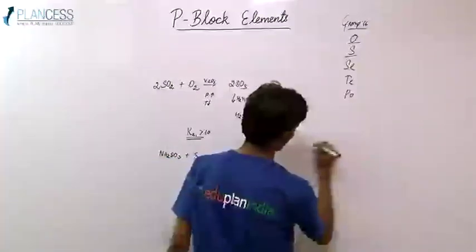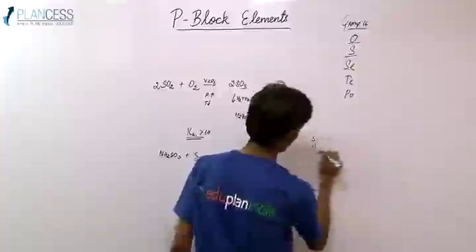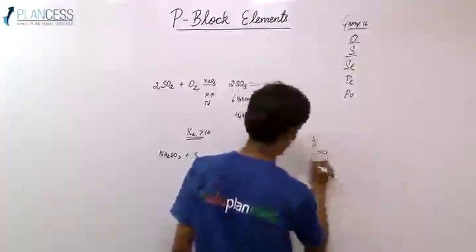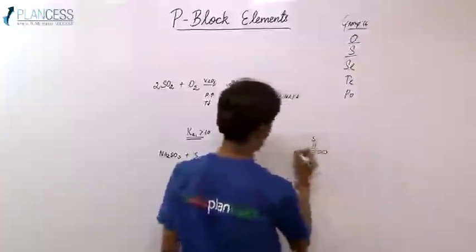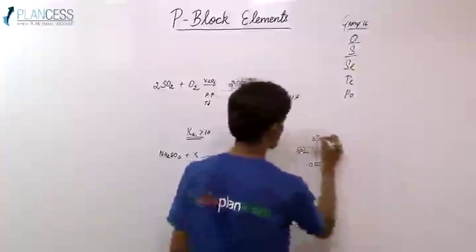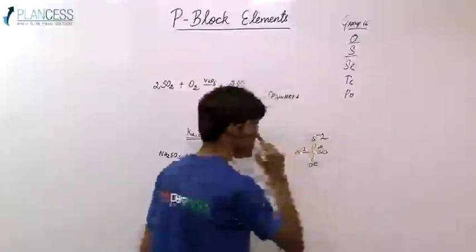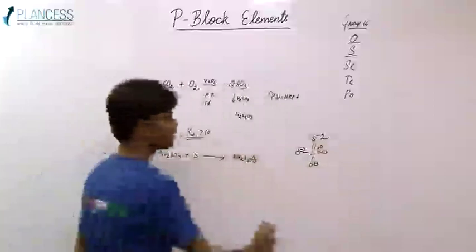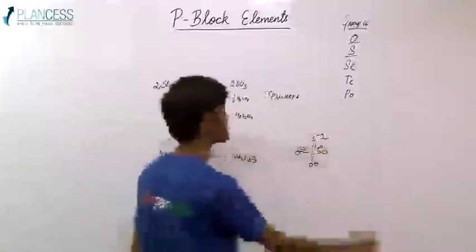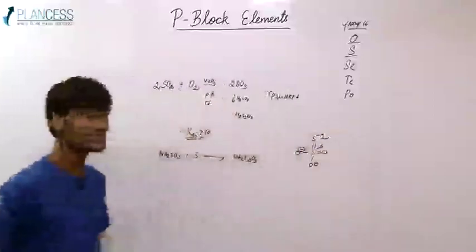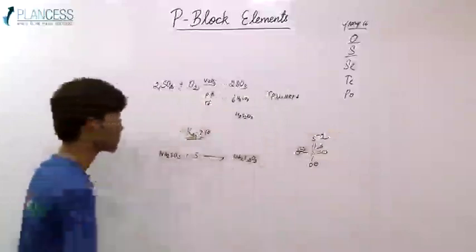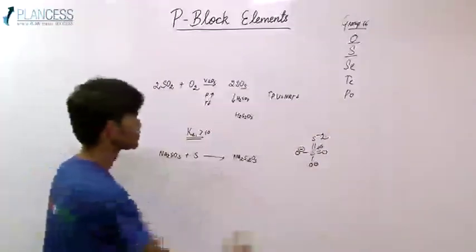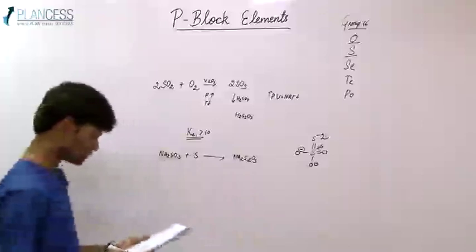There is an S double bond S, double bond O, and O minus, O minus. So this is the structure. One sulfur is in -2 oxidation state, the other is in +6 oxidation state. The average oxidation state is +2, but one sulfur is in -2 and one sulfur is in +6. So this is the preparation reaction for sodium thiosulfate.